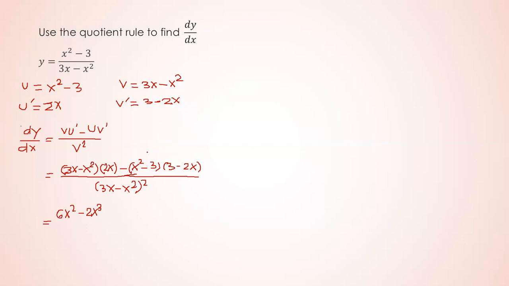Afterwards, x squared times 3 is 3x squared minus, because it's minus, and then times negative 2x gives plus 2x cubed. And of course 3 times 3 becomes plus 9, and negative 3 times positive 3 times negative 2 gives negative 6x.